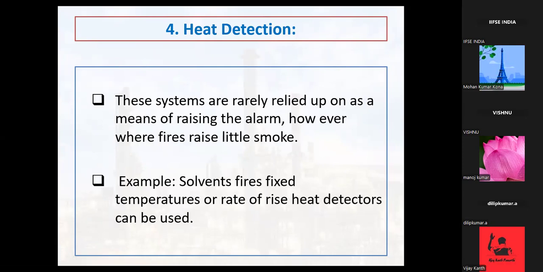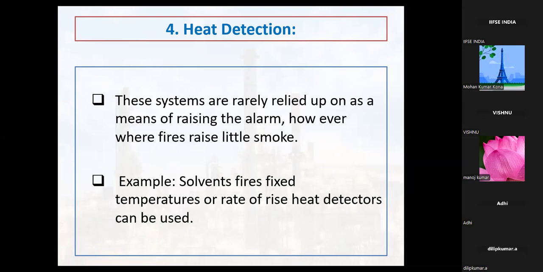This system is rarely relied upon as a means of raising an alarm. If a heat detector system alone is installed and it is independent in the system, then one should not rely on it to give a correct alarm when there is a fire.